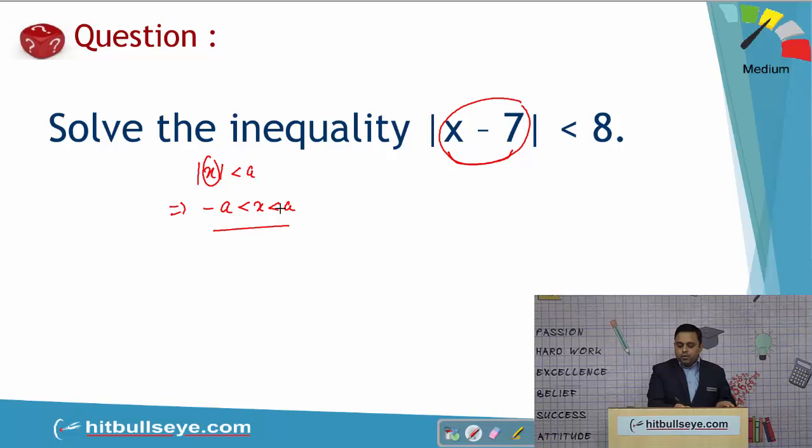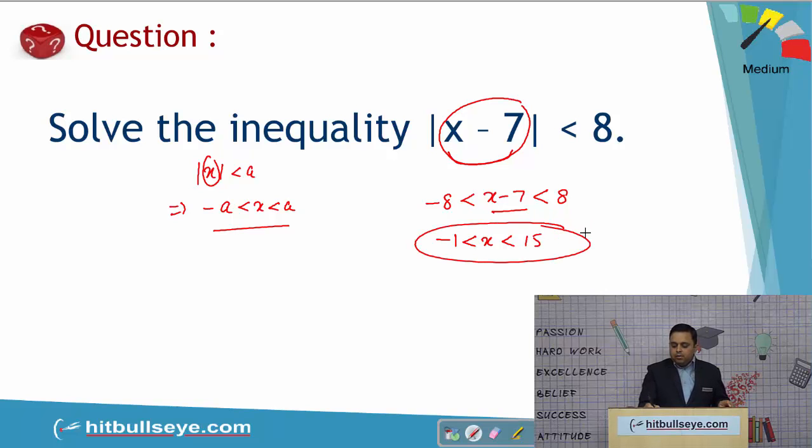So I can write that x minus 7 lies in between 8 and minus 8. Now I have to eliminate 7 from the middle part of this inequality. For that we will add 7 throughout the inequality. So the solution will be minus 1 less than x less than 15. This is the solution to the given inequality.